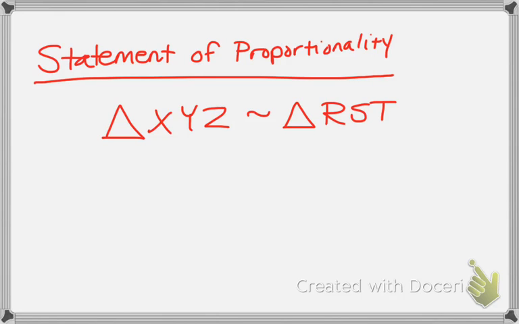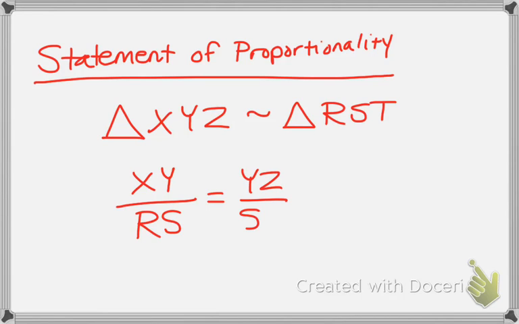The sides. So instead of saying XY is congruent to RS, I'm going to say side XY is proportional to RS. And I'm going to set that equal to, what would YZ be over top of?